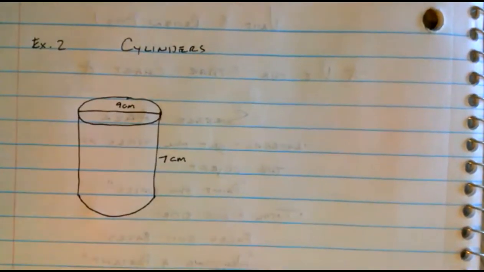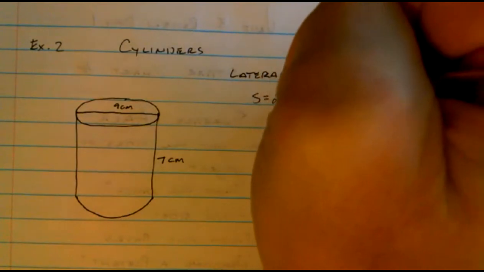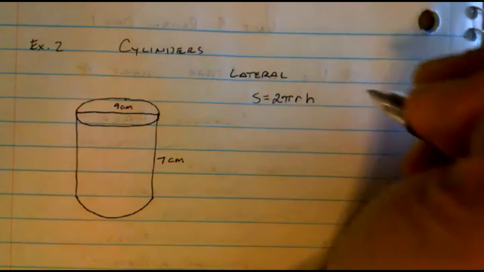Okay, so finding the surface area of a cylinder. We've got a surface area formula for the lateral. They give us S equals 2 pi RH.